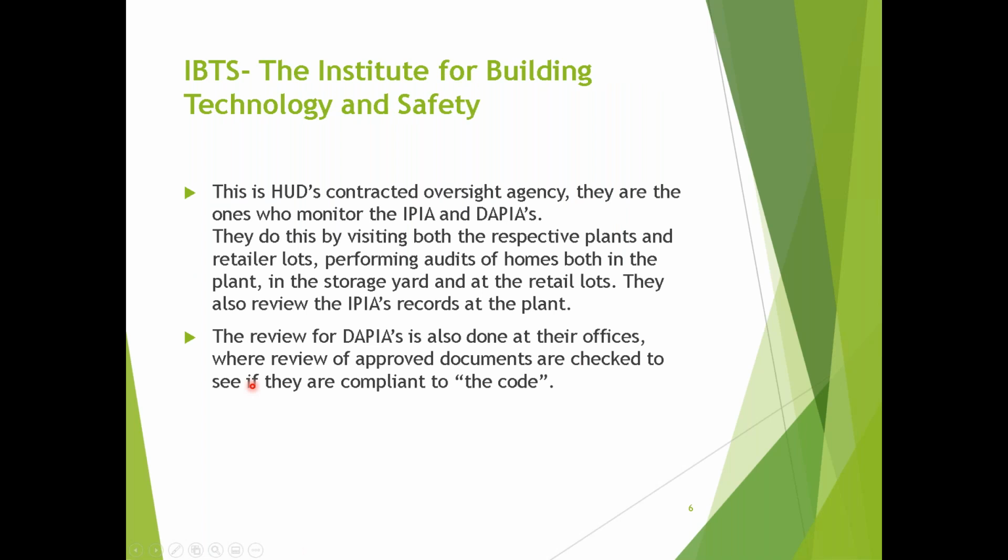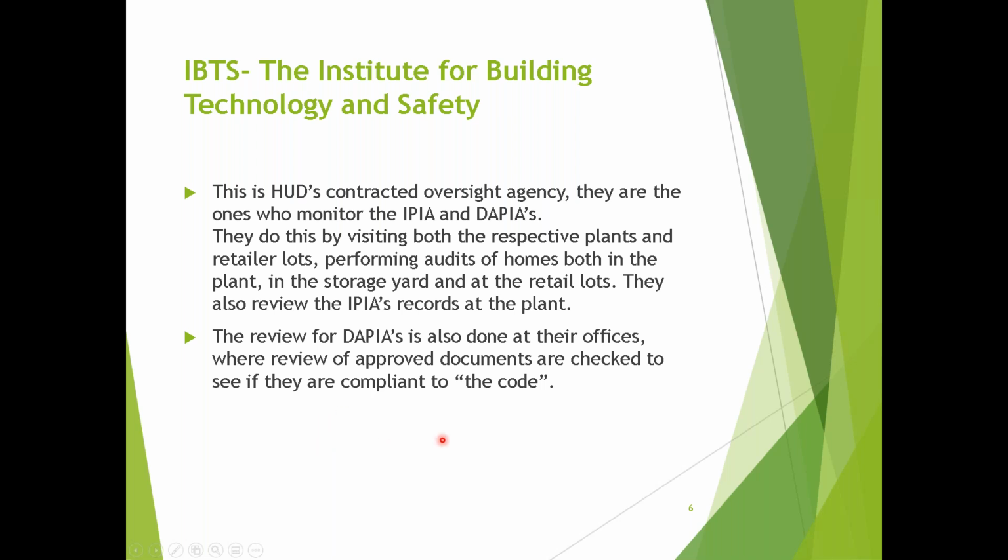Next is IBTS, which is the Institute for Building Technology and Safety. This is basically who HUD has contracted as an oversight agency, and they review what the IPIAs and DAPIAs do. By going into the manufacturer's facilities and looking at finished units, they look at product within the plant, at the systems being used in the plant, and at what the third-party inspectors, the IPIAs, are looking at and inspecting to.